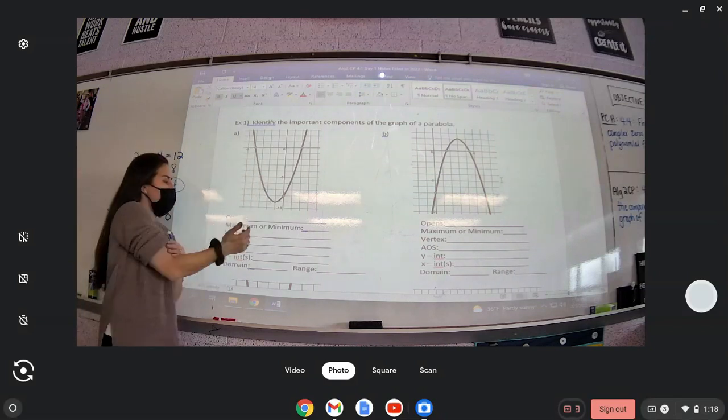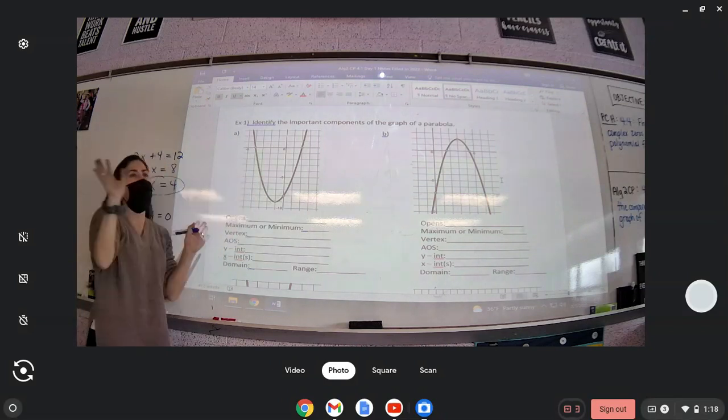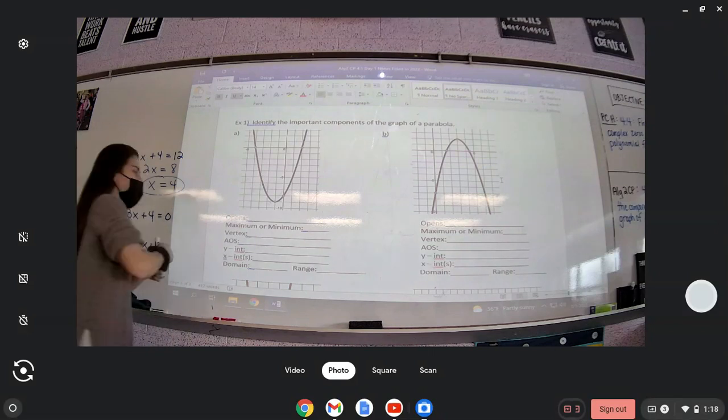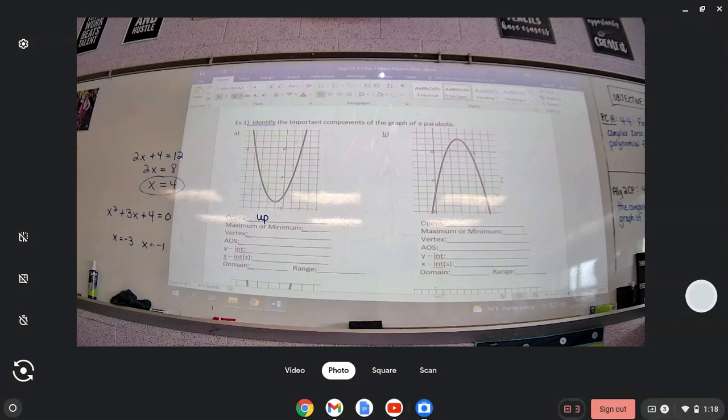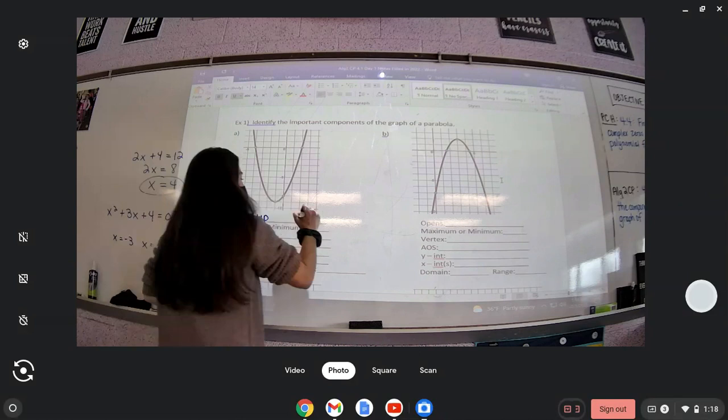Here's the graph of a parabola. Guys, clearly this one opens how? It opens up. Since it opened up, you automatically know, was A a positive number or a negative number? A must have been positive.